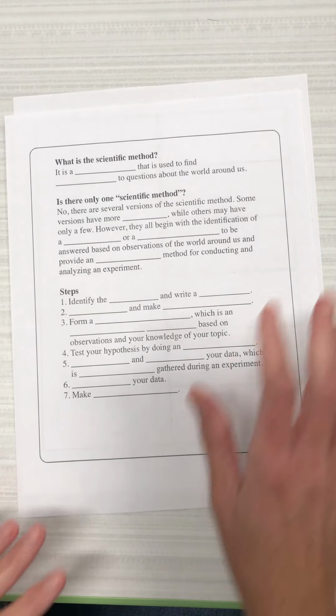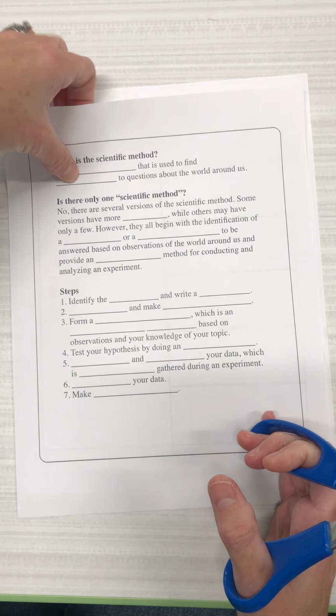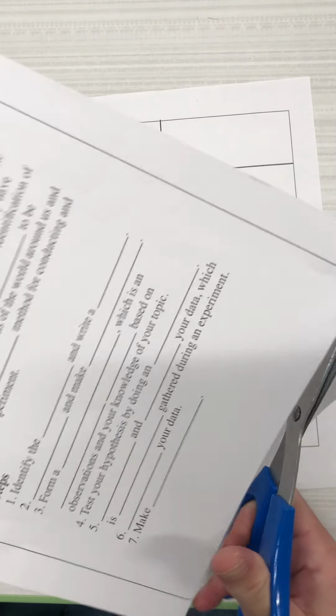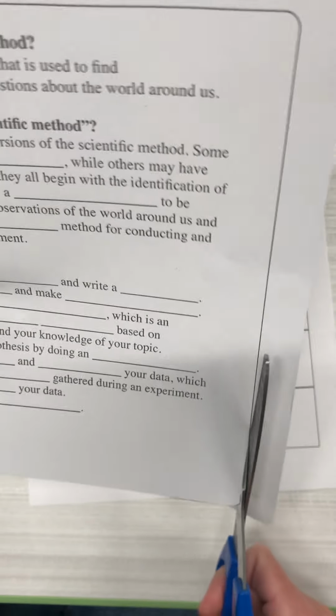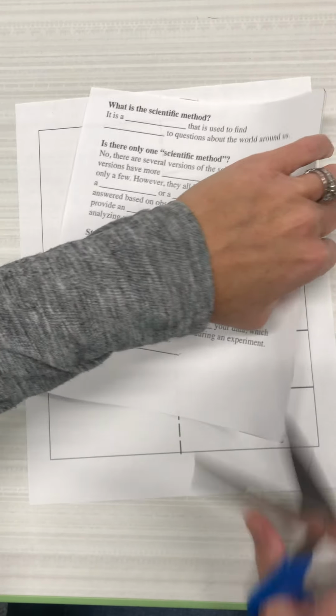Let's go ahead and cut them both out. Let's get them all ready. So we're going to cut along the outside rectangle. We've got it measured so they'll fit right in your notebooks. Okay, go ahead and get him cut out.